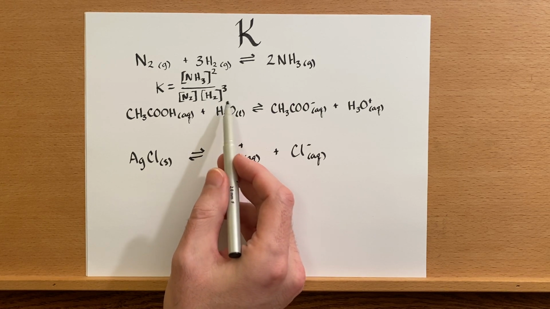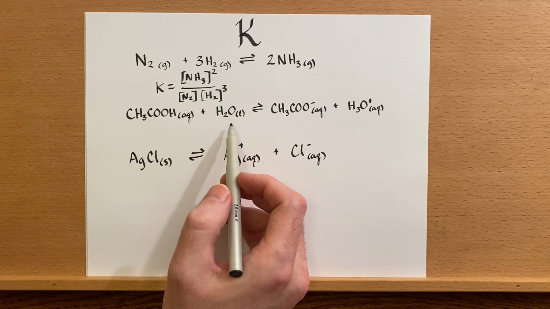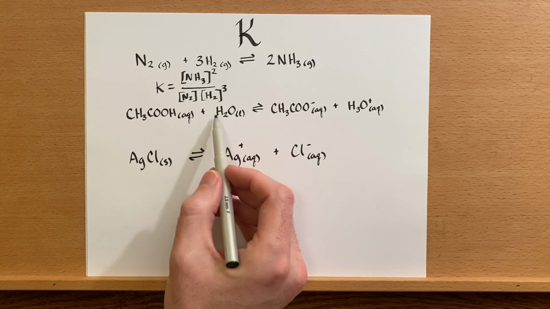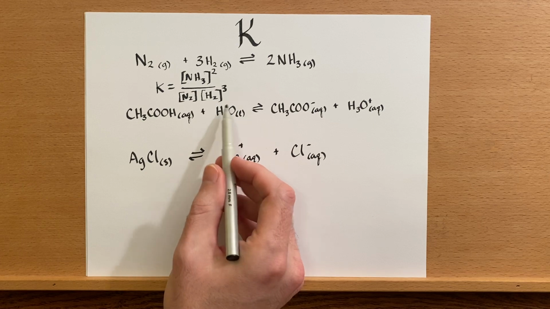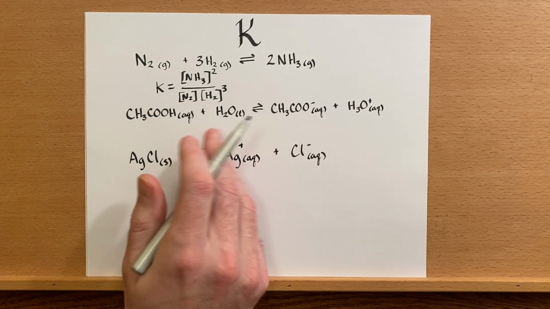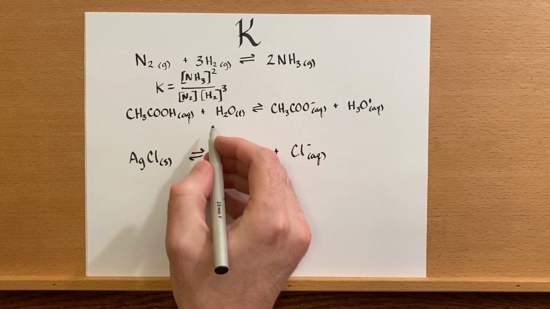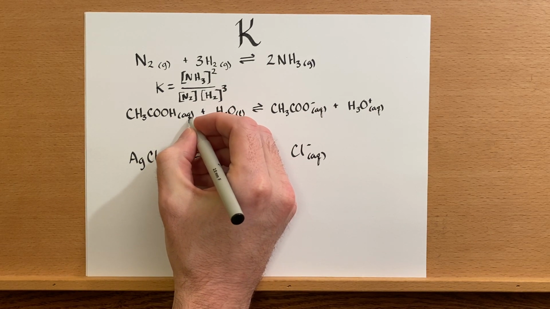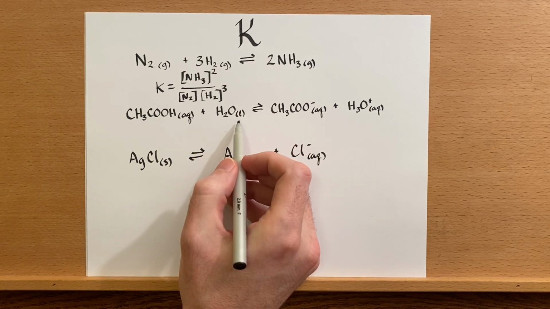And so solvents do not get included in the equilibrium constant expression. So when we write this down, we ignore this part because it's a liquid and it's the solvent. So it does not go in. So when we write this down, we're only going to include the aqueous parts and not the liquid right here.